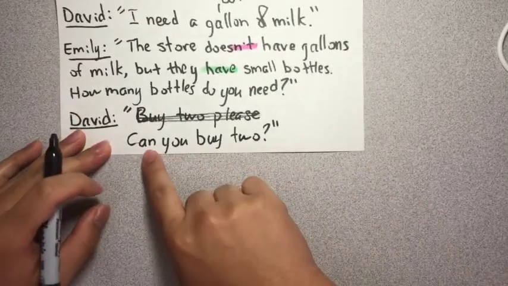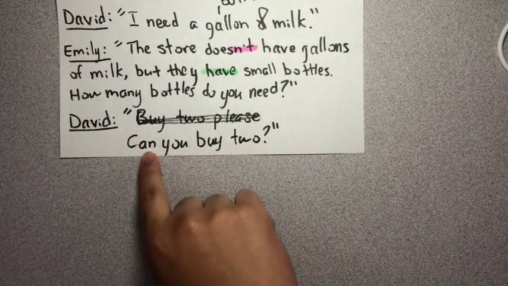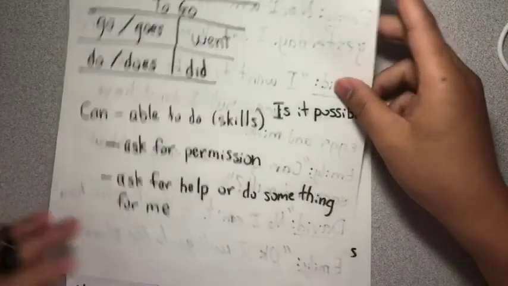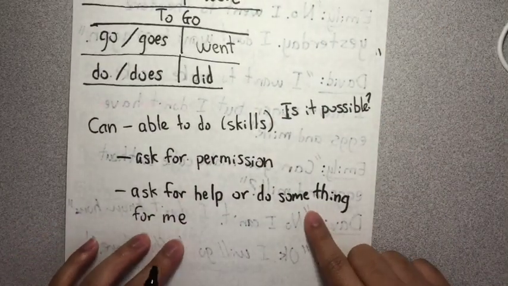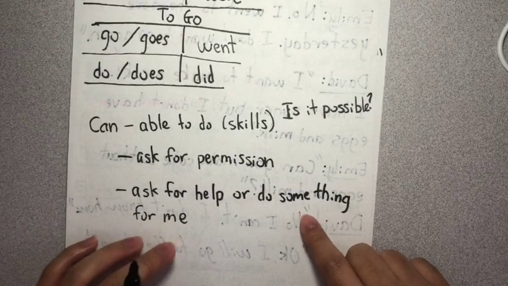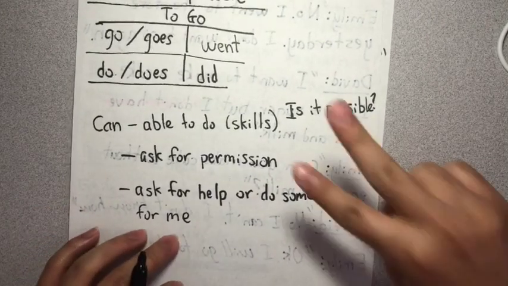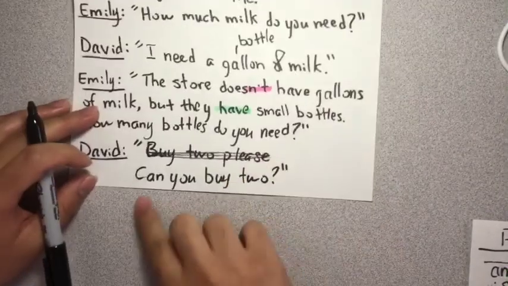He's asking with the word can. So he's asking for help, or he is asking Emily to do something for him. He's asking Emily to buy 2 bottles of milk for him. So he says, can you buy 2?